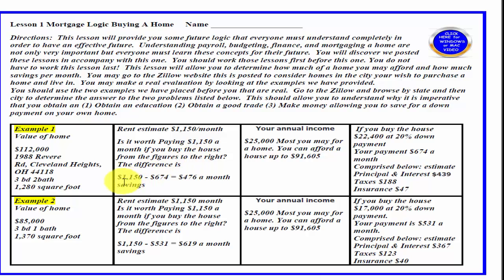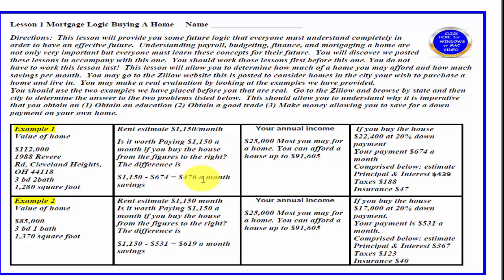Now, here's the difference. If you're renting it, you're paying $1,150. However, if you buy the home, your monthly mortgage payment will be $674. So $1,150 minus $674 is a savings of $476.